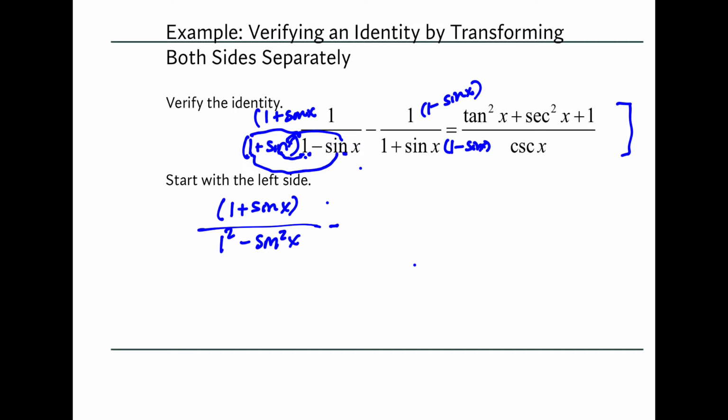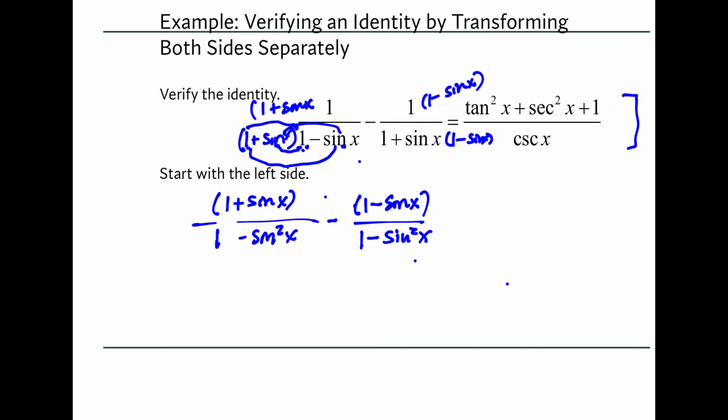And that's going to be true on the other side too. Minus 1 times that is just 1 minus sine x over here, over the difference of two squares. So 1 minus sine squared x. And I can leave off the squared because 1 squared is 1. That means I just carried out that operation. Oops, put that back in there.